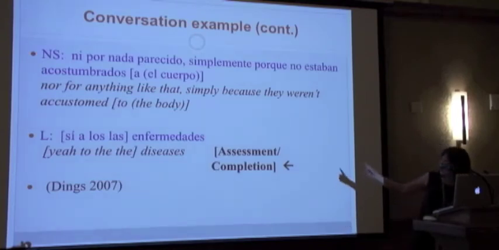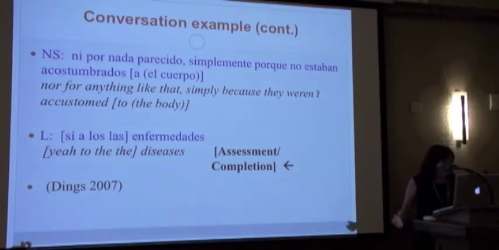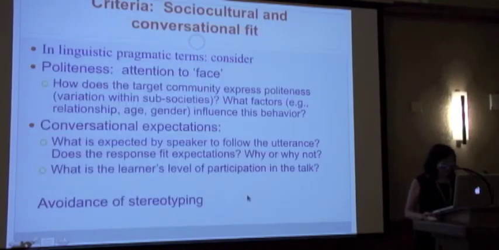So this assessment that she makes of what he was about to say and her completion of his utterance actually shows something that's pretty advanced as far as personal conversations, personal interactions go. And that brings up issues then of politeness, the things I've been talking about, conversational expectations: what's expected by the speaker to follow the utterance, does the response fit the expectations, why or why not, what is the learner's level of participation in the talk.